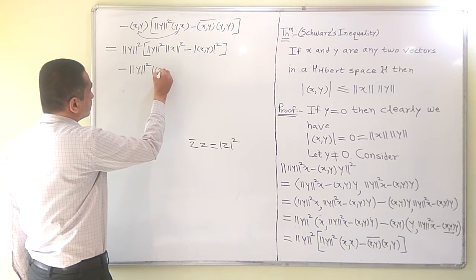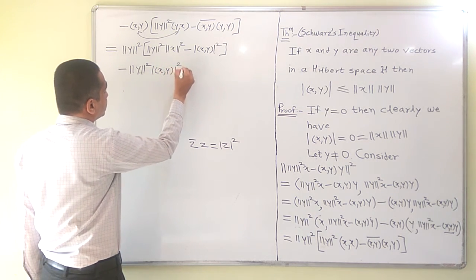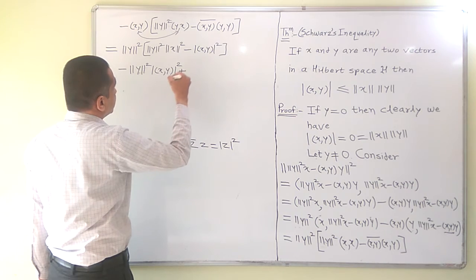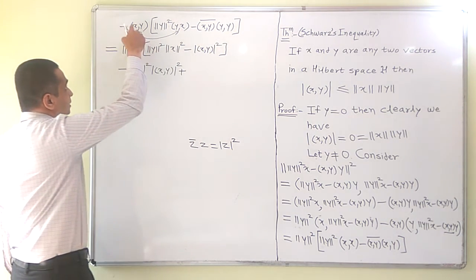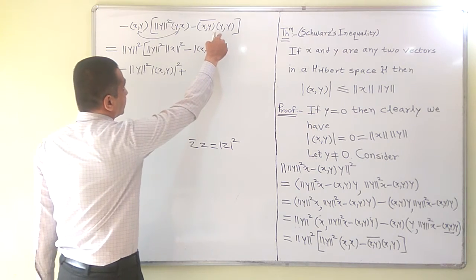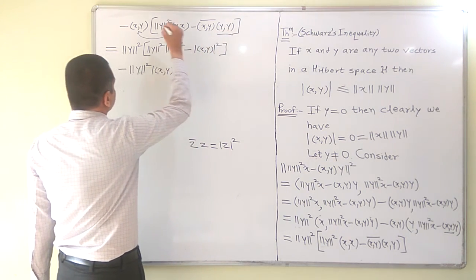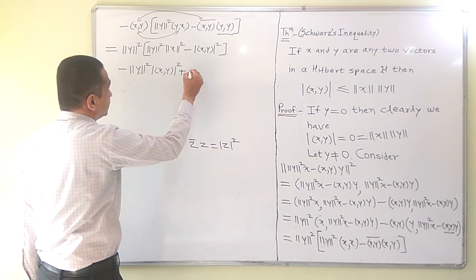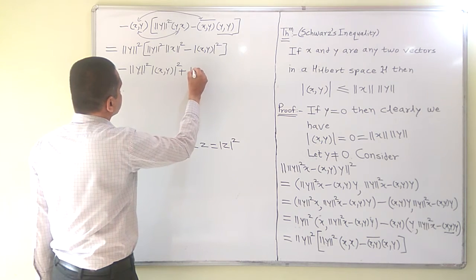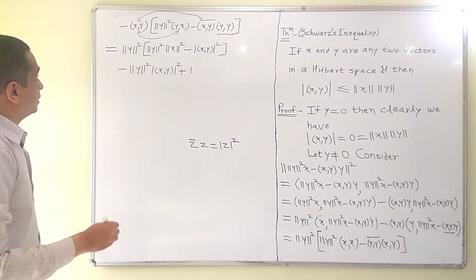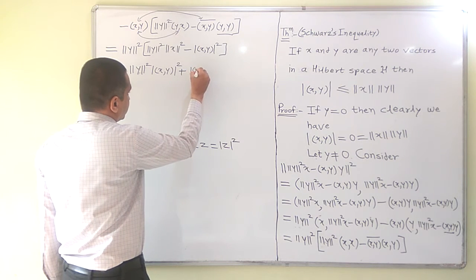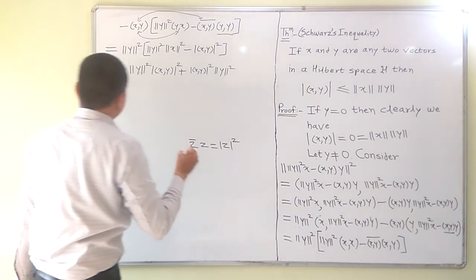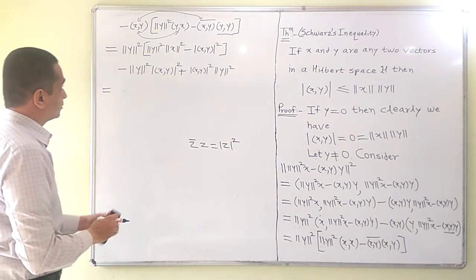So mod of xy square, minus plus, so plus, again these are conjugates of each other, inner product of xy and xy, and this is norm y square. Again these are conjugates of each other, and that I am simplifying again as mod xy square, inner product of xy square and norm y square. Thus, the overall expression is this.